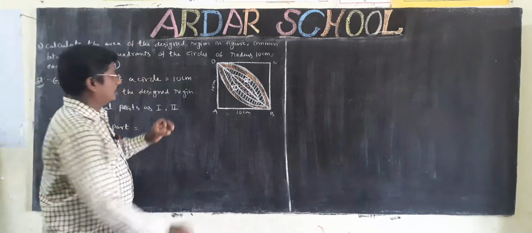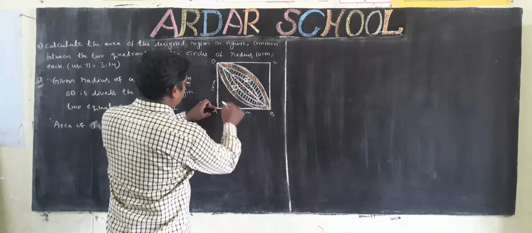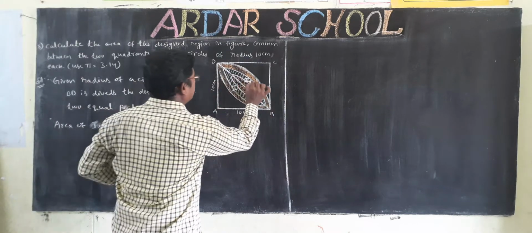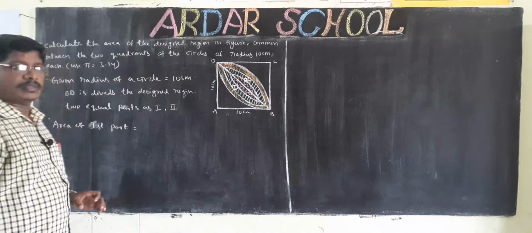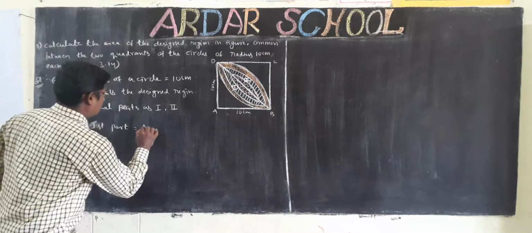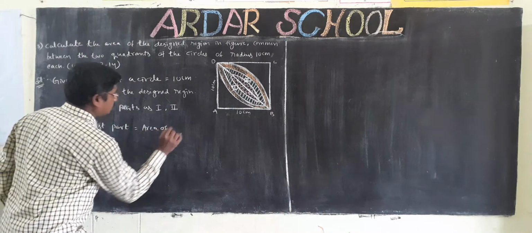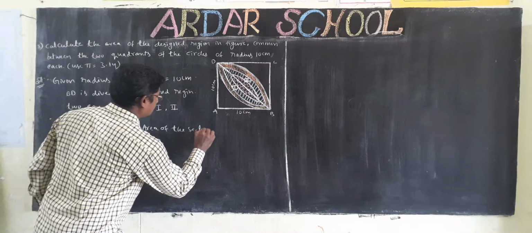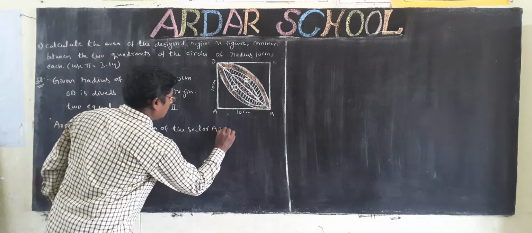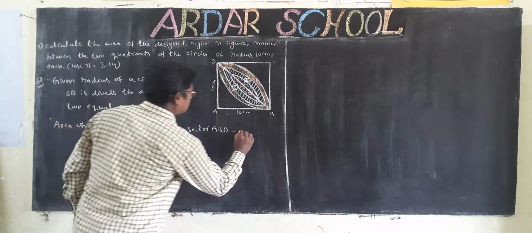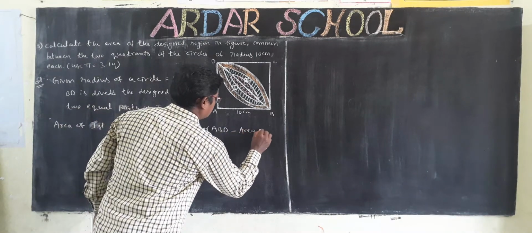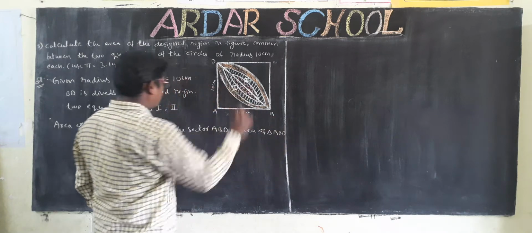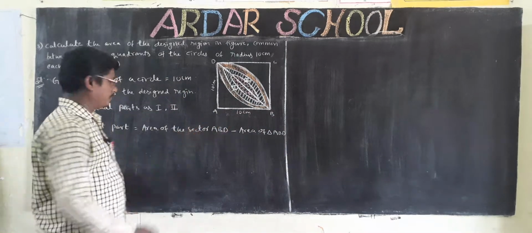So area of sector ABD minus area of triangle ABD, then we get the area of the first part. This is triangle ABD, this is sector ABD.